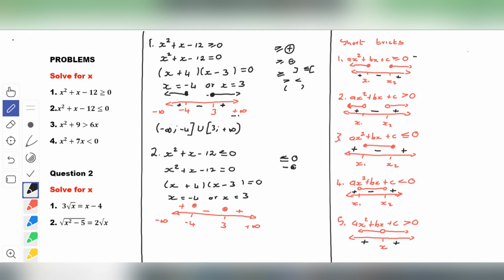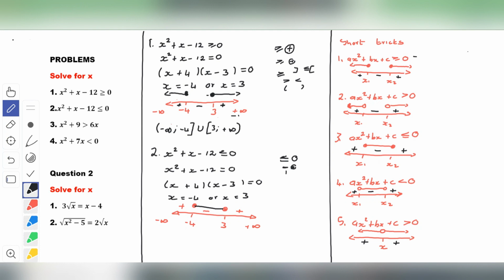We are focusing on the negative values. Where do we see negative from the signs that we wrote? We can see that the negative is between negative 4 and 3, right, guys? So therefore, we are just going to join those two circles. Then that's it.